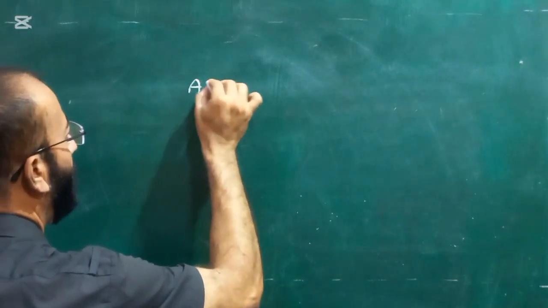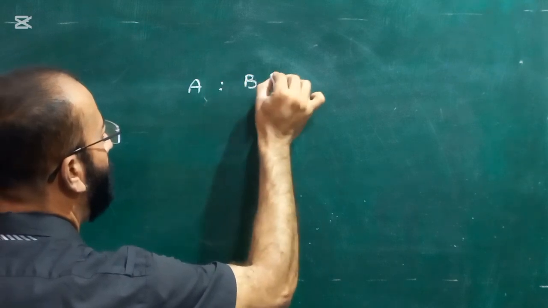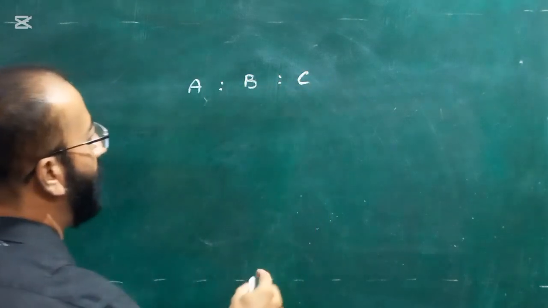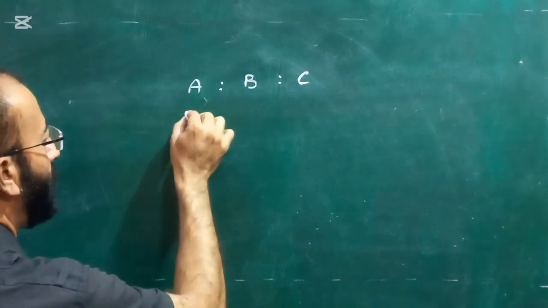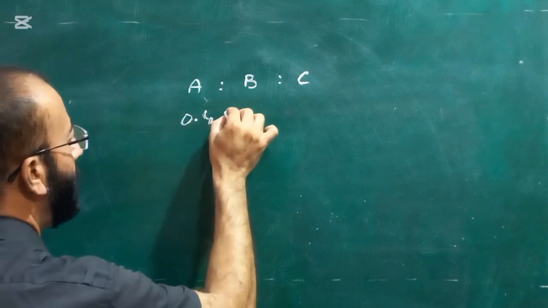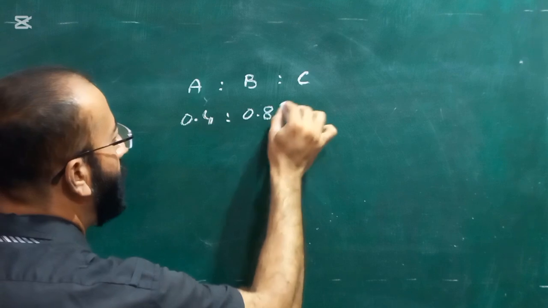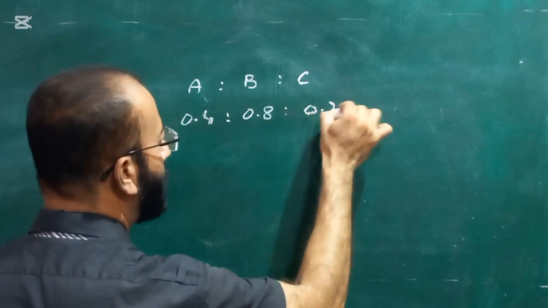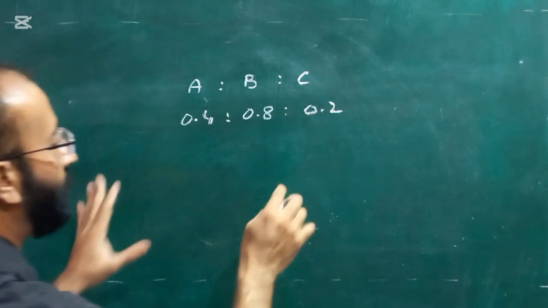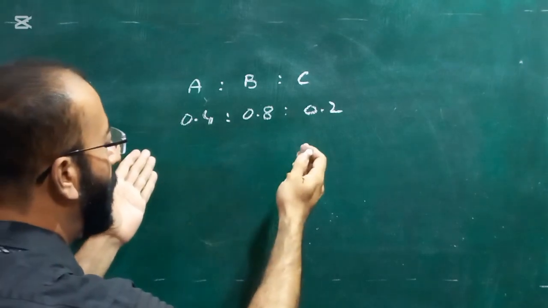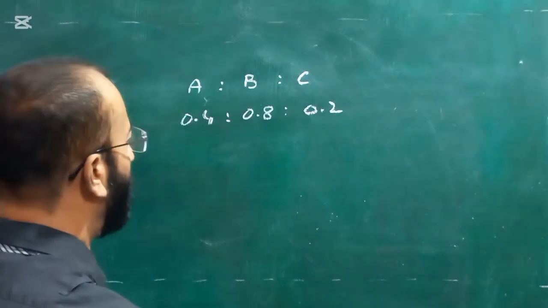So look now, because volume of A to volume of B to volume of C was the requirement. Volume of A was 0.4 liters, volume of B was 0.8 liters, and volume of C was 0.2 liters. If you leave the question over here, some marks will be deducted because this question can be solved further.